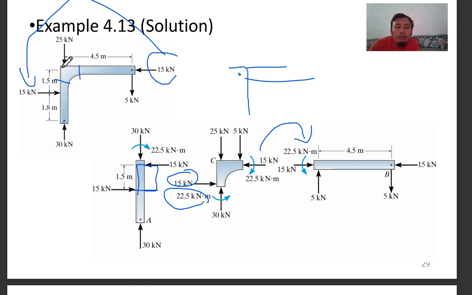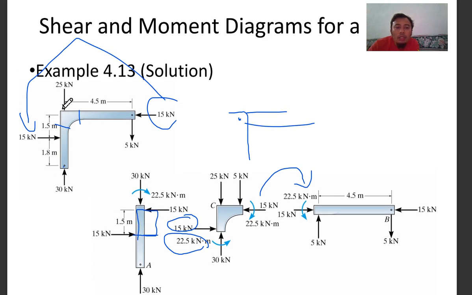For this one, it starts from here, so you get your 5 kilonewton, and then going downward until 5 kilonewton. We have 5 kilonewton, and then up until here, and then goes down.